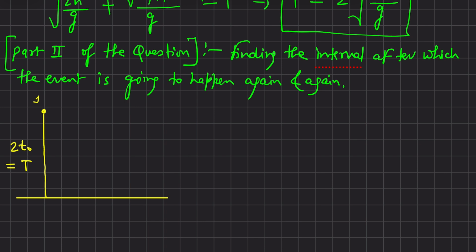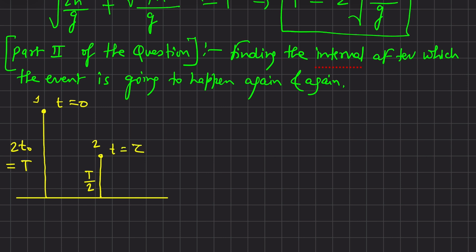And there is a particle here, particle 2, and it will take T by 2 to come down. So if this is t equal to 0, and this is t equal to tau we have dropped.